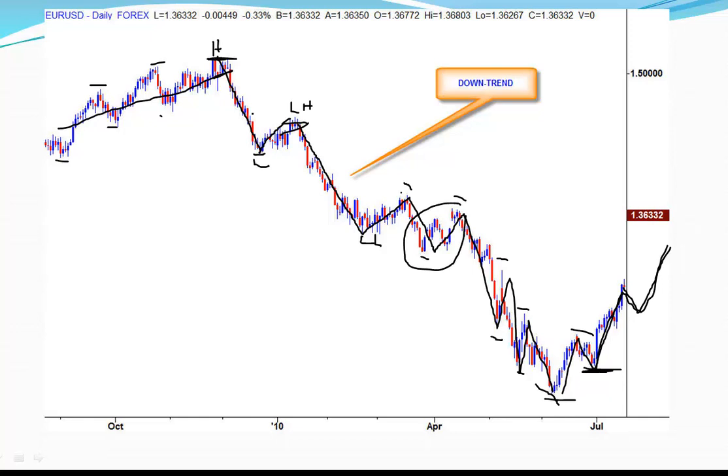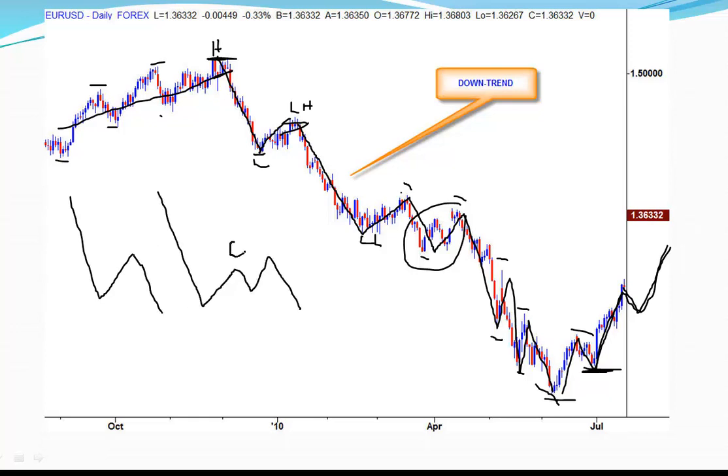This is basically a simple one. A simple pullback would be, here's a move down, and here's your pullback, your retracement in a trend. That's a simple one. A complex one would be, here's a downtrend, here's a bounce, here's a failed test to try to make a new low, here's a bounce, and then a continuation.